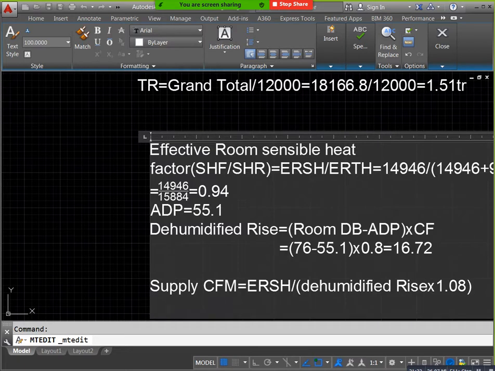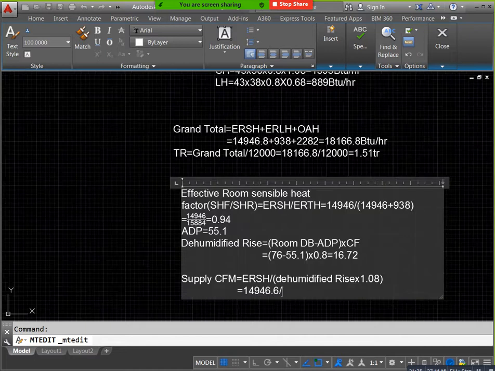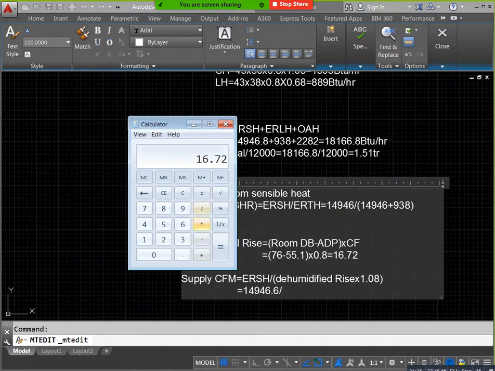Okay, now you can go here, 14946 divided by 18.06. Now in total we have 827. Now you can mention here 827.